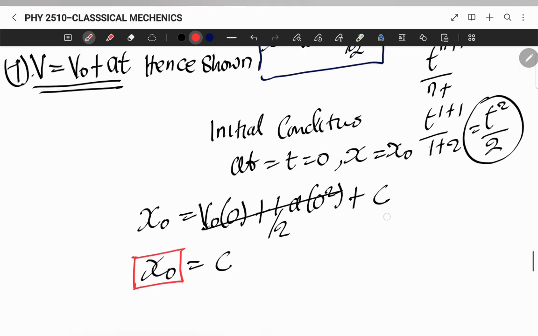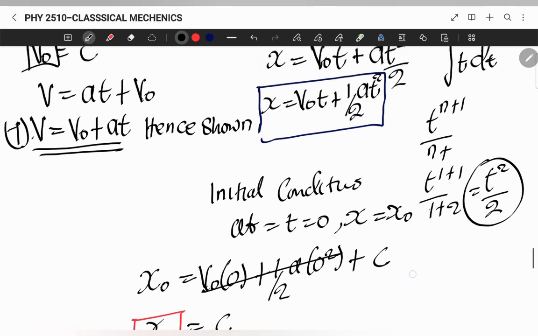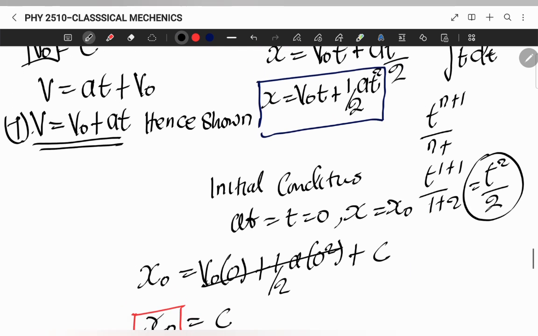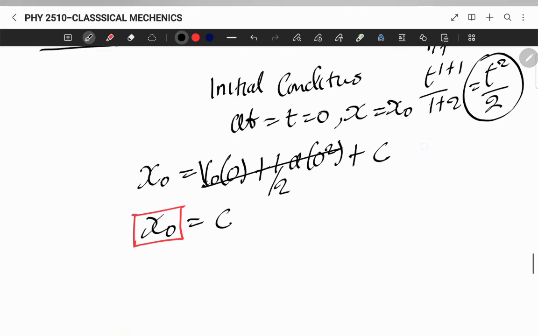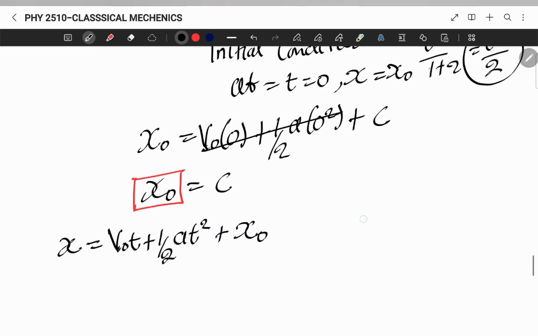If we now rewrite the equation, it will be x is equal to v naught t plus half at squared, and where there is c, we put x naught.